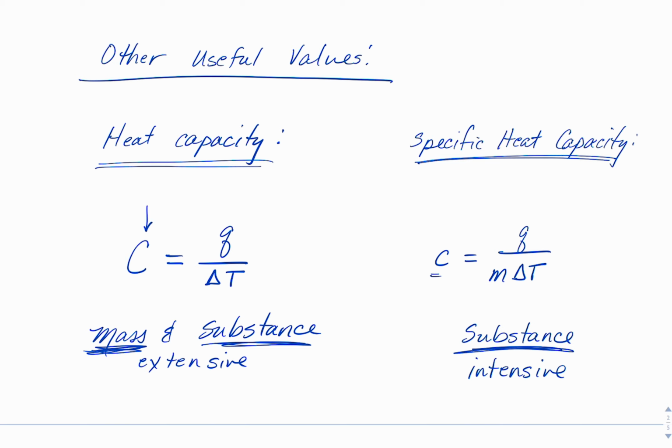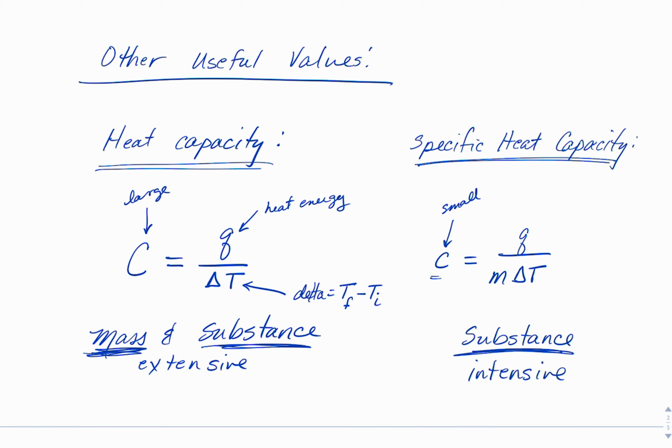I want you to note the way that I wrote these two equations. The capital C is what we call the heat capacity. The Q is the amount of heat energy in the system, and the delta T is the final temperature minus the initial temperature, the change in temperature. But notice how in the specific heat capacity I still use the letter C. Note that this is a small letter c. So the heat capacity has a capital one, and the specific heat capacity has a small one.